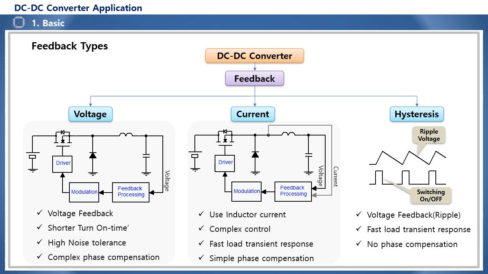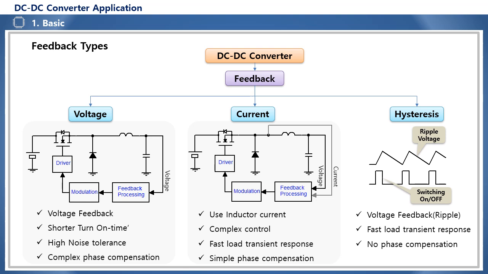Current mode is a variation of voltage mode control that senses the inductor current for feedback control. Current sensing can also be done using the on resistance of a MOSFET or a current sense resistor instead of the inductor current. Current mode is relatively complex to control because it has two types of feedback loops, a voltage loop and a current loop.